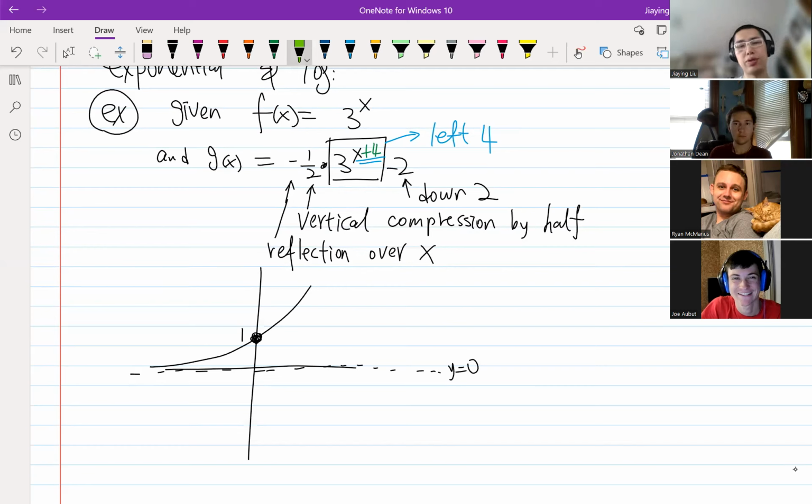any point with y equals 0 doesn't change. So that stays, but the point 0, 1 will become 0, half. Let's suppose there's a point here; that's going to be compressed by half. All the points on that curve are going to be compressed by half, so we get this curve that's half the height of the previous one.